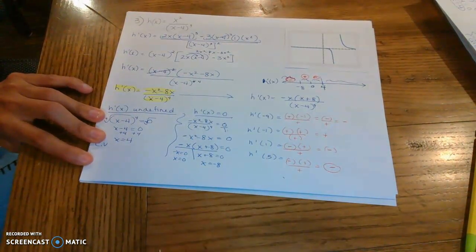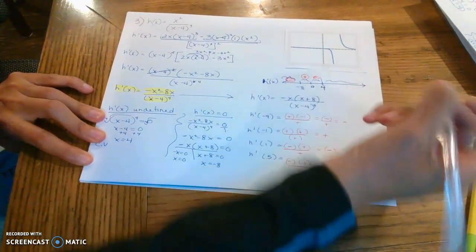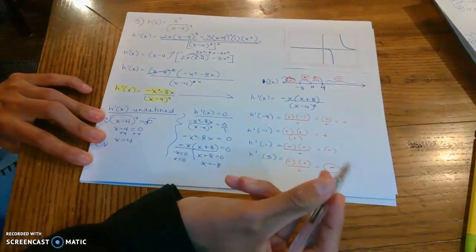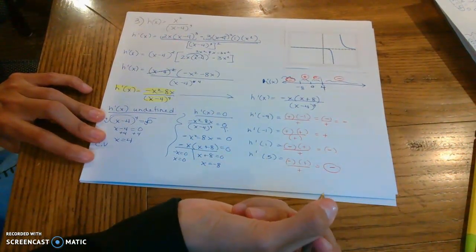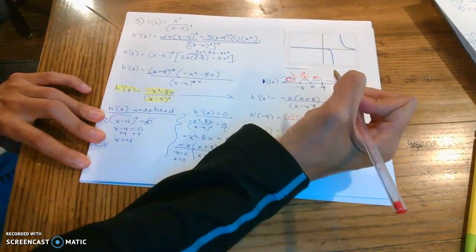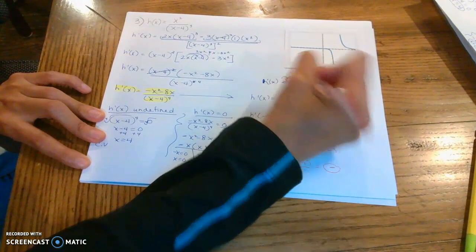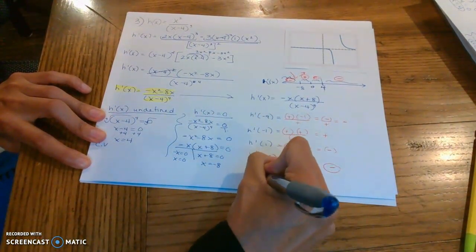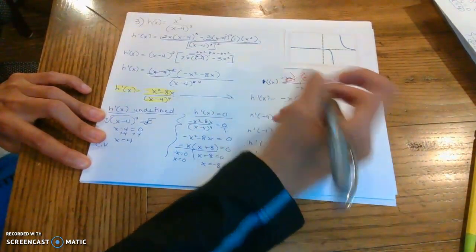Okay, so now I see that this is a negative. So if I'm looking here, I see that this is going to be decrease to increase. So if I have a decrease to increase, well, now I know I have a minimum at negative 8.